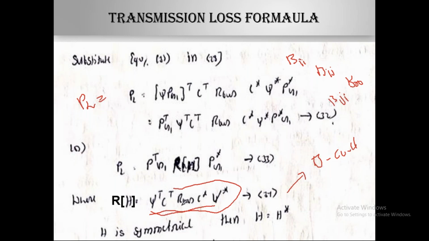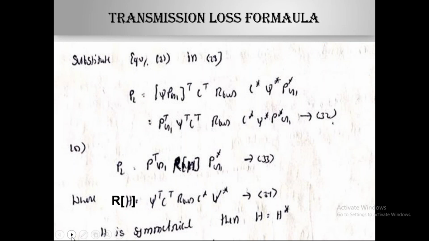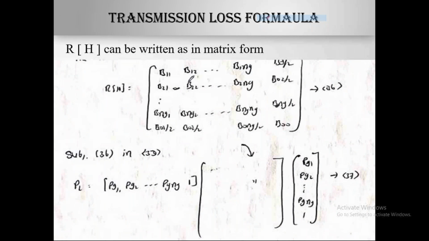How can we find it? This equation we can write in matrix form. Let me see how it will be. Here the previous equation, R of H is equal to, is there. While solving this equation, we can find all the B coefficients like this. This methodology is a trial and error method.